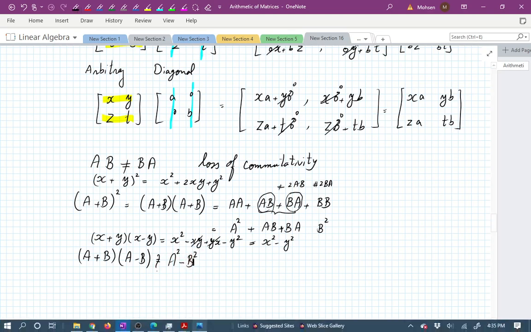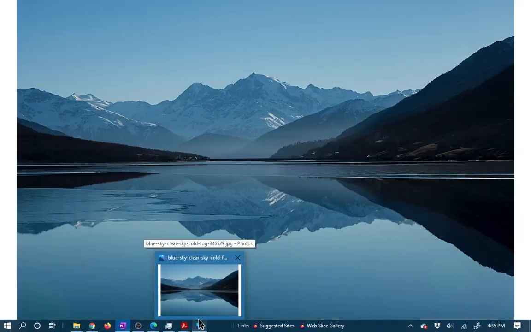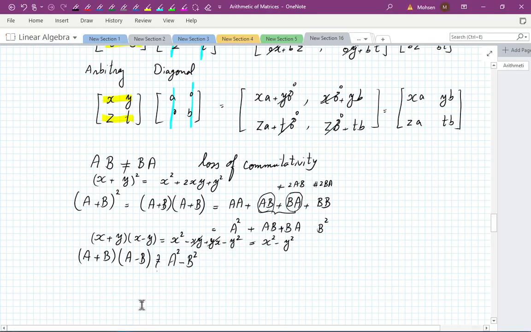Well, let me see. Take a second or maybe 30 seconds and tell me, does this sound true to you? Of course, you get the idea that this can't be that. And that's not the factorization of this thing either. Why is that the case? Because A times A will be A squared. That's fine.